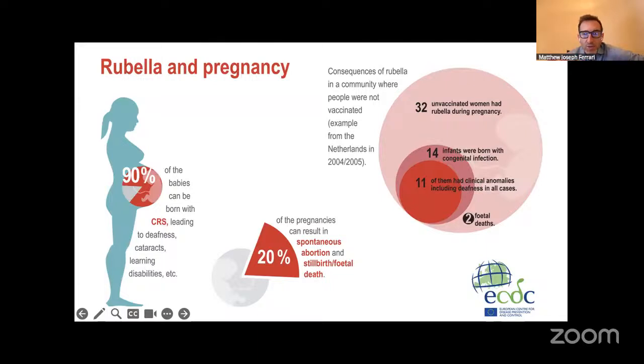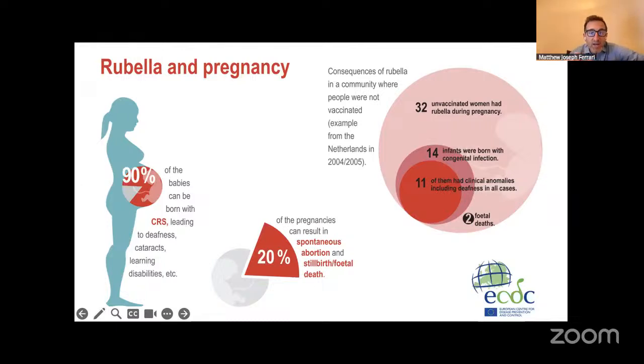And in under-resourced settings where there isn't the support for these children, very few of these children live past early childhood. So again, while infection for most people is comparatively mild, infection in this critical demographic of women in the early stages of their pregnancy can lead to these really quite severe outcomes.